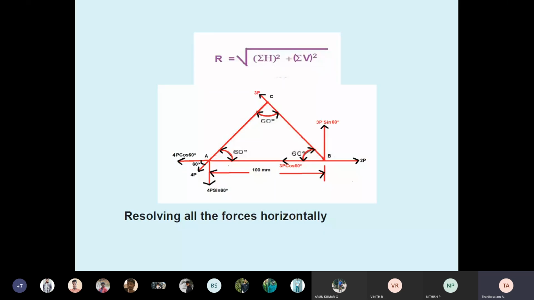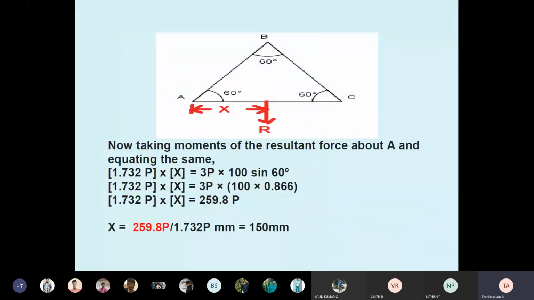What about the other forces not giving? Because they go to the reference point. Okay, so we got it. After cross multiplication, you will get x, the p cancels, so divided by p, the balance is 150 mm.